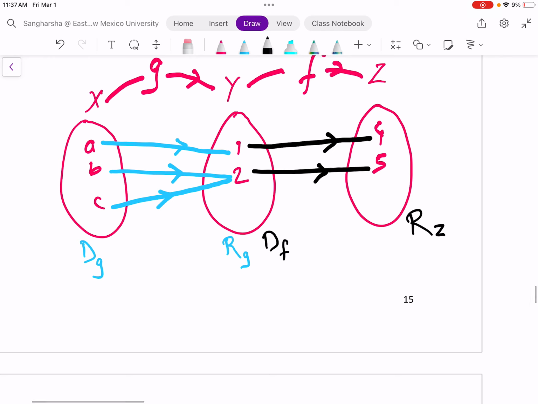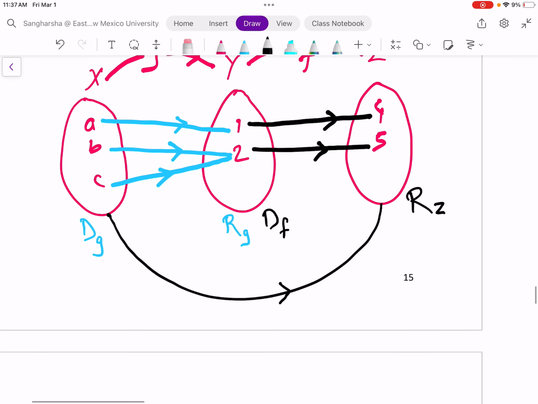So we defined two functions here. We have a function g from set X to Y, and a function f from Y to Z. Now let's define a new function from set X to Z. This new function we call f composite g.